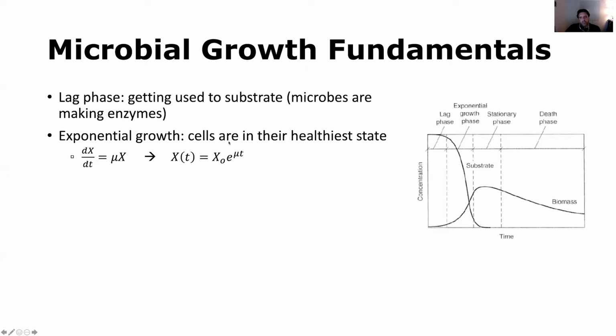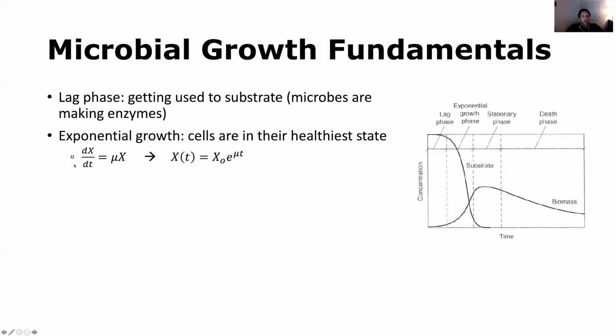The exponential growth phase happens after lag phase, and this is when the cells are in their healthiest state. They've got an abundance of food, they've got an abundance of oxygen, and they're growing at a rate that is exponential. So the change in the concentration of biomass with respect to the change in time is equal to mu times X, where mu is the growth rate.